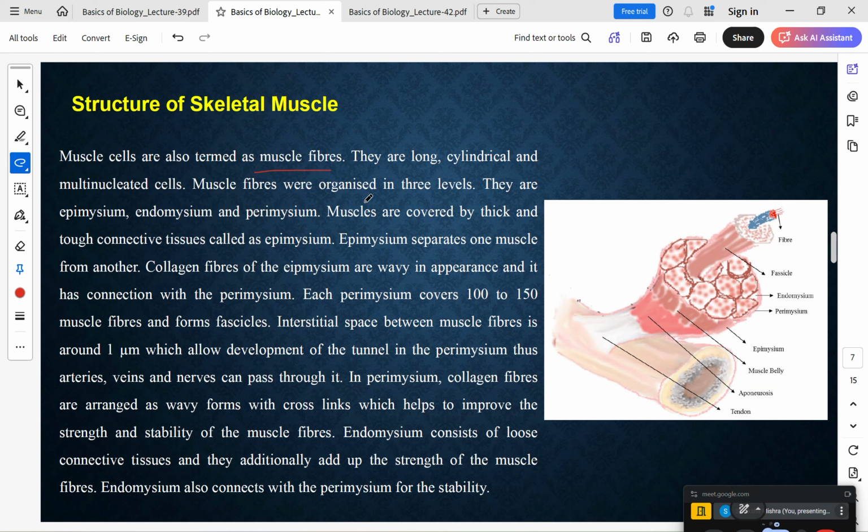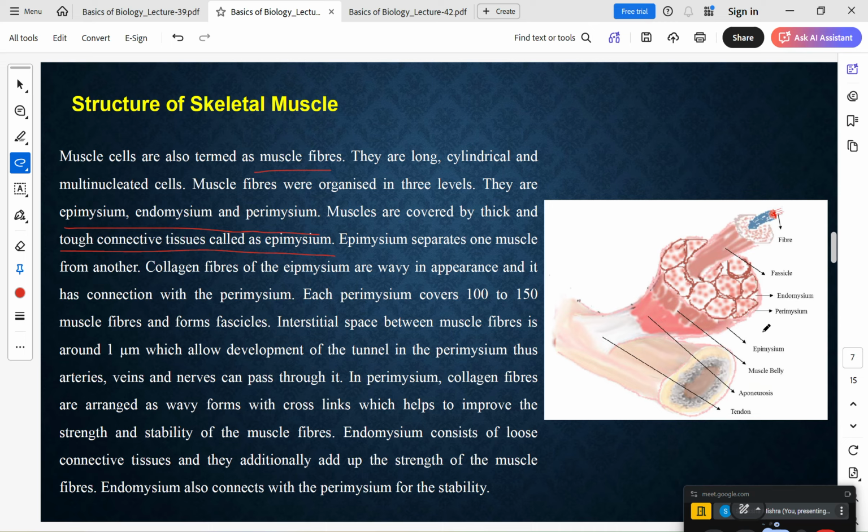Muscle fibers are organized at 3 levels: epimysium, endomysium, and perimysium. Muscles are covered by thick, tough connective tissues known as epimysium, which forms a big bundle of muscle fibers.